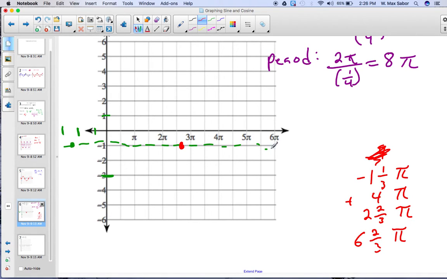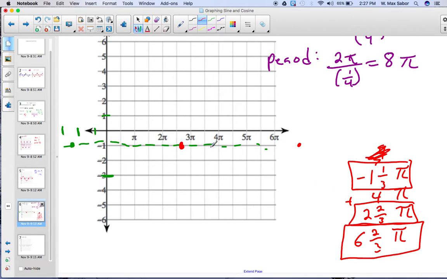So all of the equilibrium points are half a period apart, because it hits the equilibrium at the beginning, at the end, and then halfway between. Now the maximum and minimum values are halfway between each of these. So here were our 3 equilibrium points.